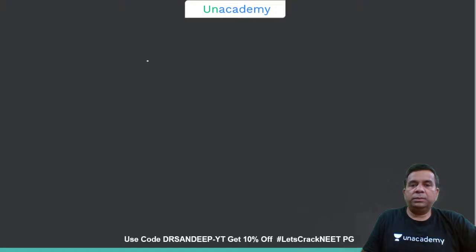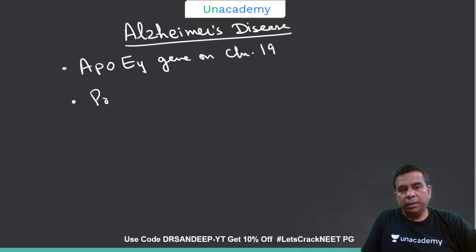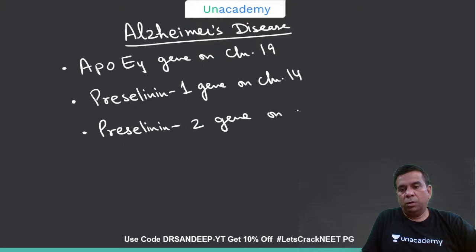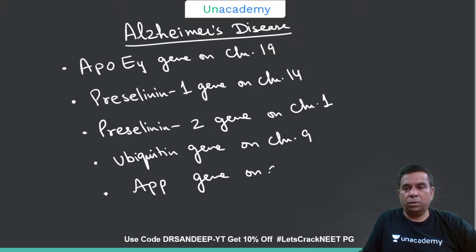In this we have the APOE4 gene on chromosome number 19, the presenilin 1 gene on chromosome number 14, the presenilin 2 gene on chromosome number 1, the ubiquitin gene on chromosome number 9, and the APP gene on chromosome number 21.